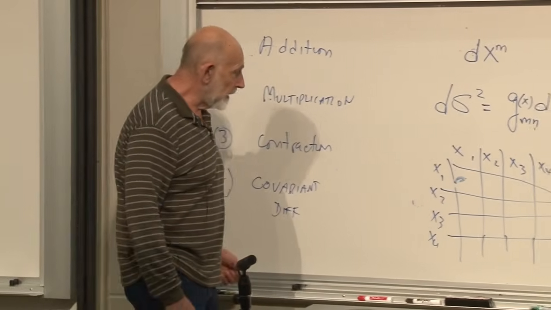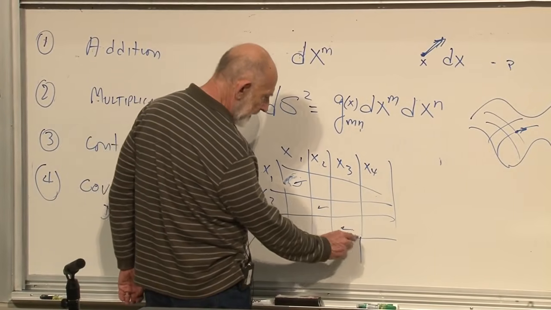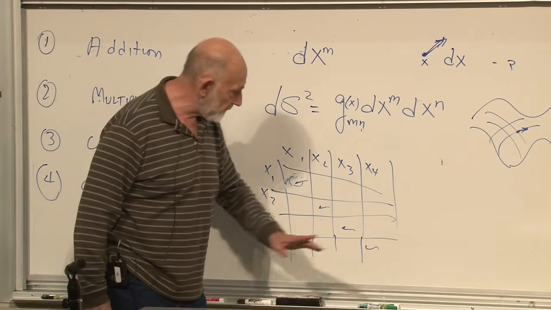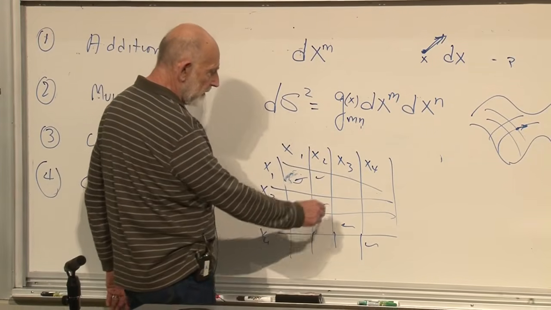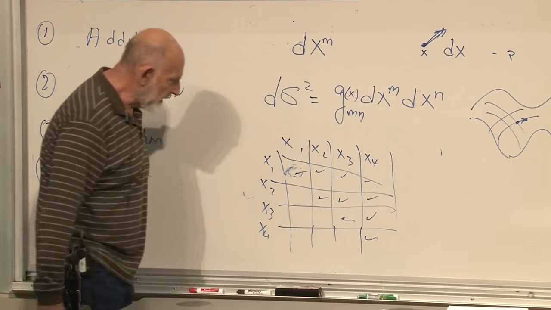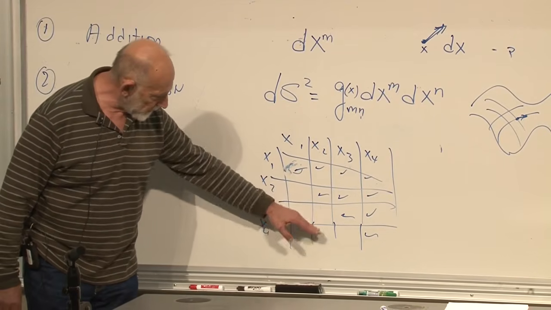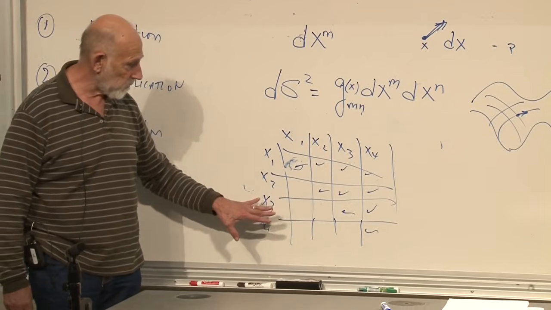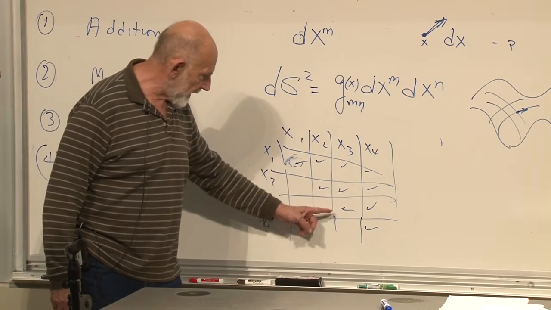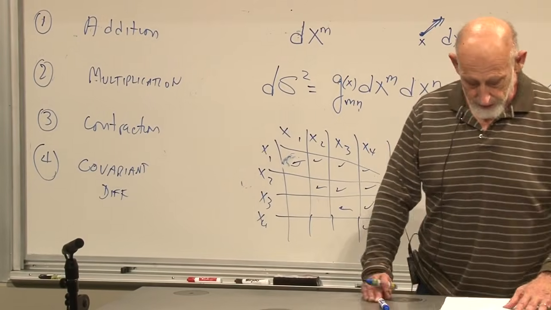So we have an element here, here, here, and here. That's dx1 squared, dx2 squared, dx3 squared, dx4 squared. We have the 1,2 element, the 1,3, the 1,4, the 2,3, the 2,4, and the 3,4. But we don't need to count separately the 1,2 and the 2,1, so we don't have to put any new ones down here. How many are there? 1, 2, 3, 4, 5, 6, 7, 8, 9, 10. 10 independent components of g_mn.